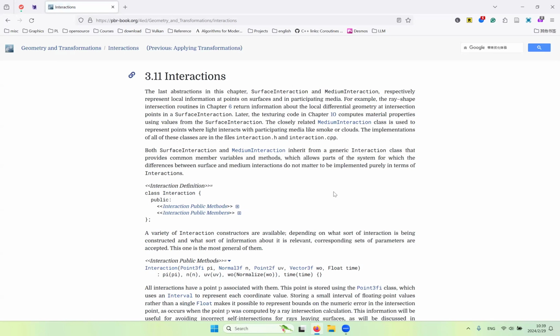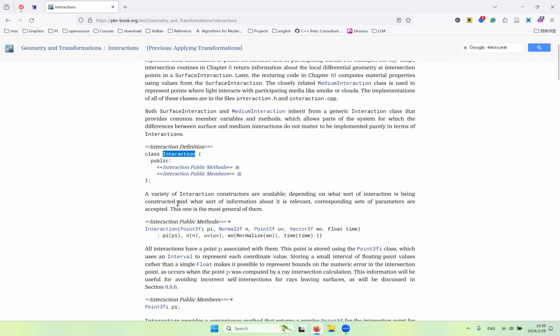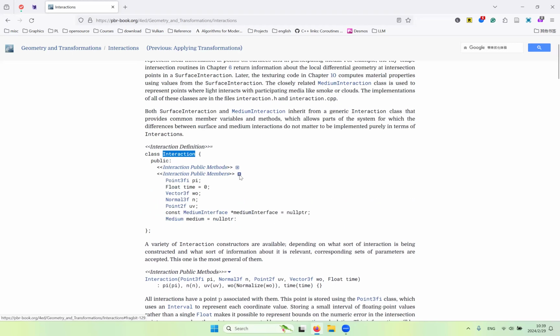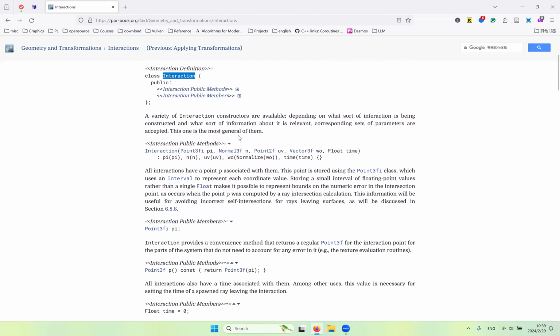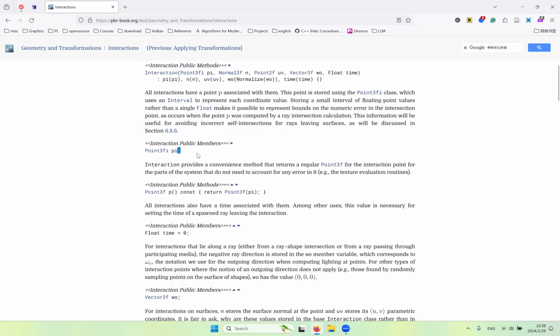The last section of this chapter talks about interactions. I think this is just basically a ray-something intersection point and all its data. So we have data like the intersection point.